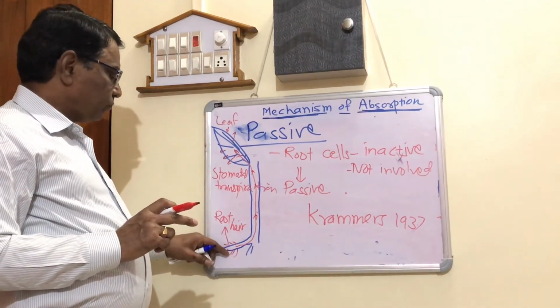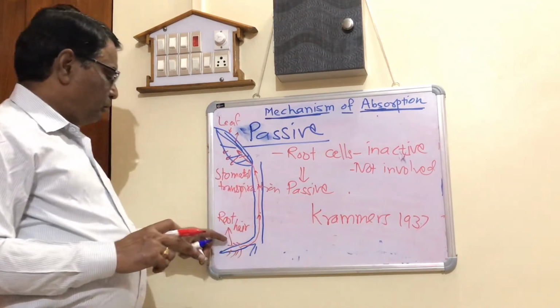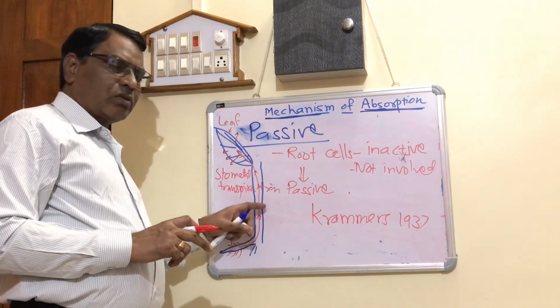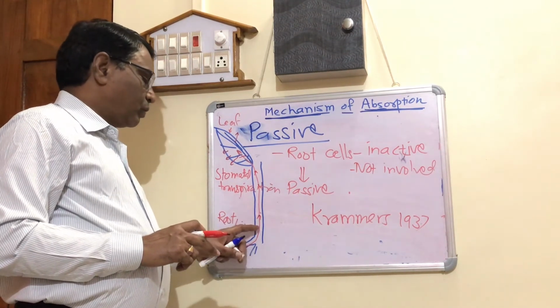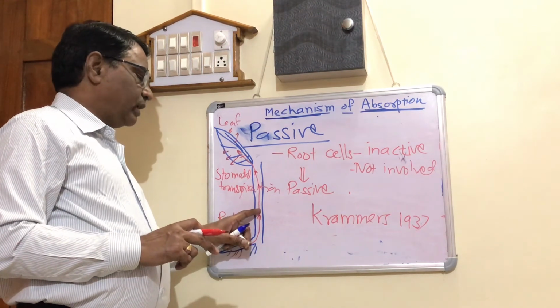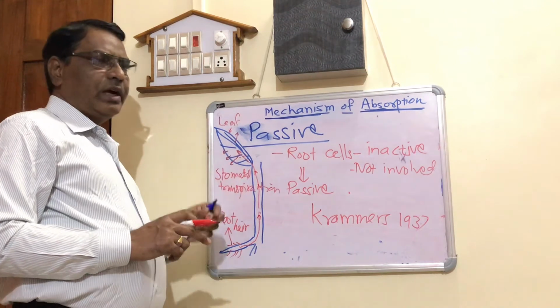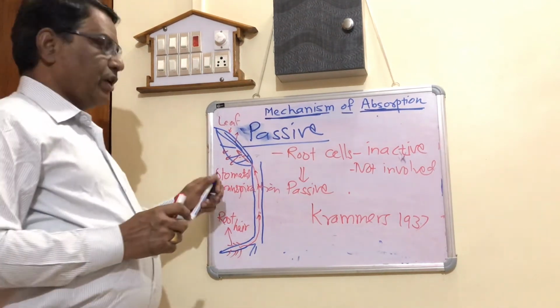So here this root hair simply acts as a path or channel through which this water column is developed from soil to the root, from root to the xylem strand that is present in the stem, ultimately to the leaf, and from this leaf to the stomatal region.